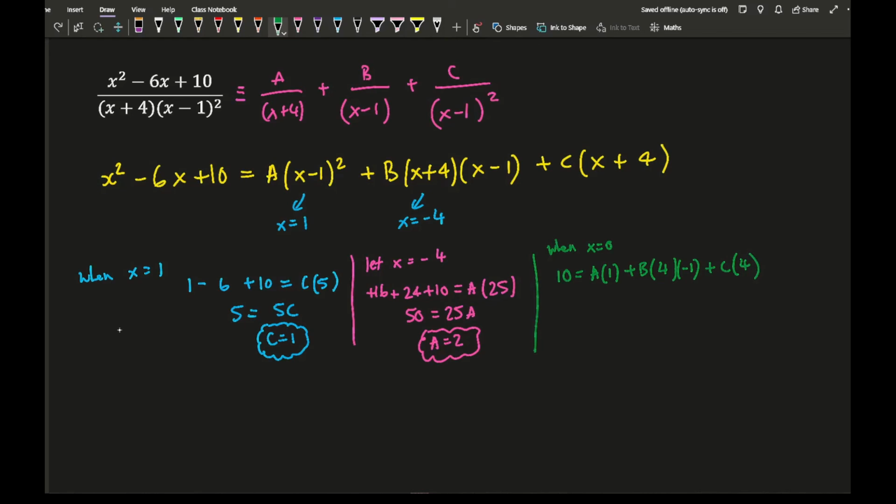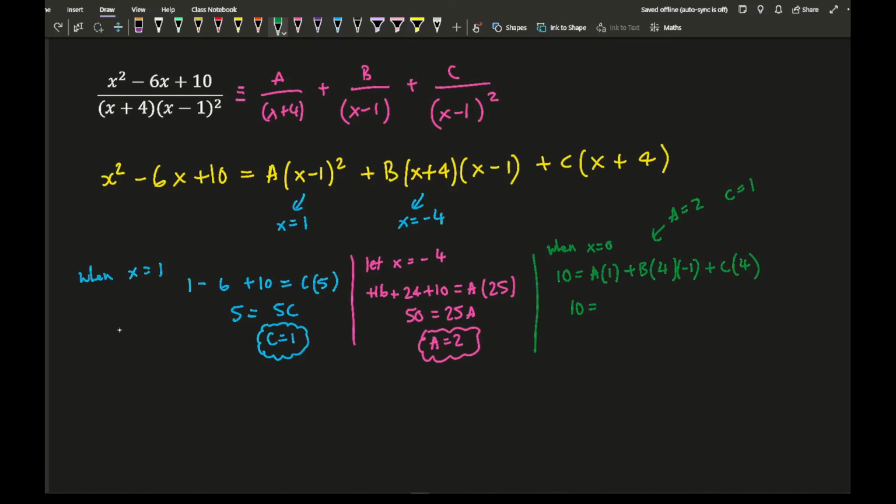So simplifying all of that, what I end up with is 10 equals, and again what I need to do is remember that a equals 2 and c equals 1.